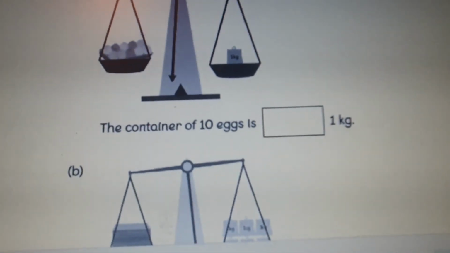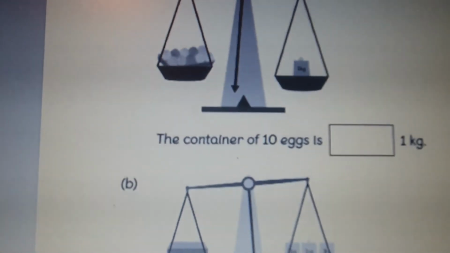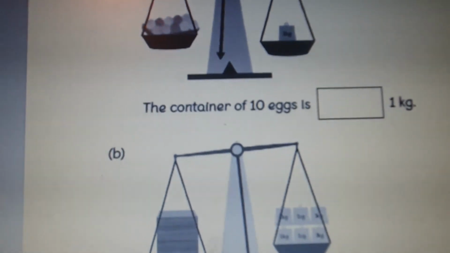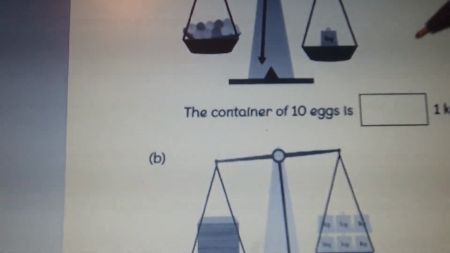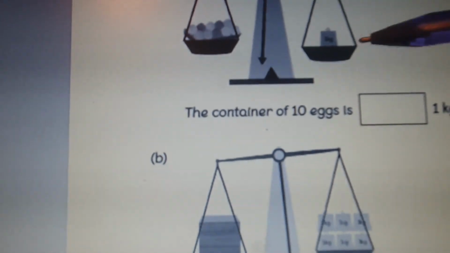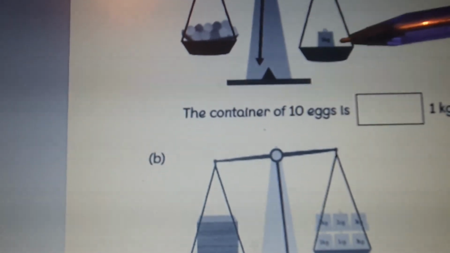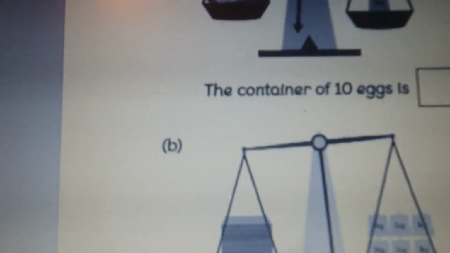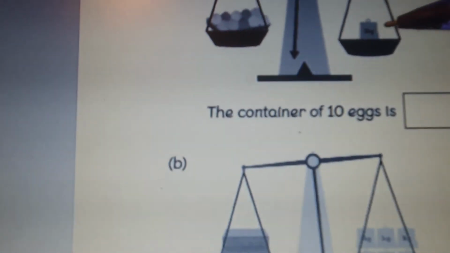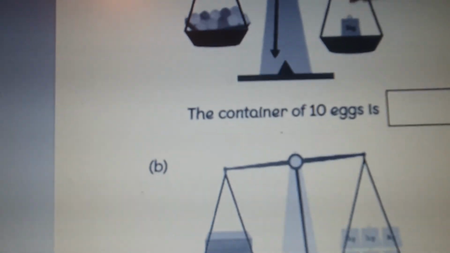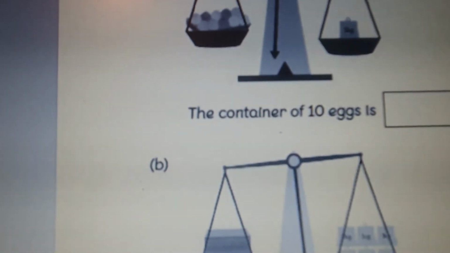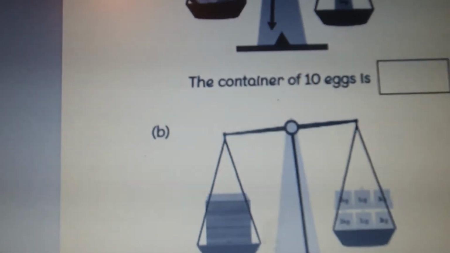And then again, if we come to here, you've got to say, is it less than, more than, or as heavy as? The container of 10 eggs is what? If you look at these scales, this is 1 kilogram, it says there. Now that 1 kilogram, if you look, it's slightly tilted, which suggests this is heavier than the eggs.